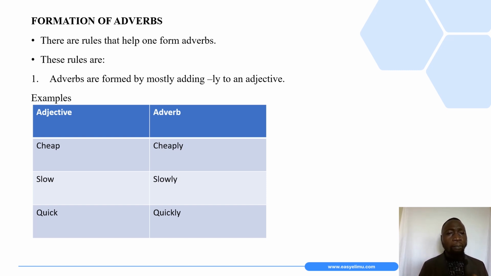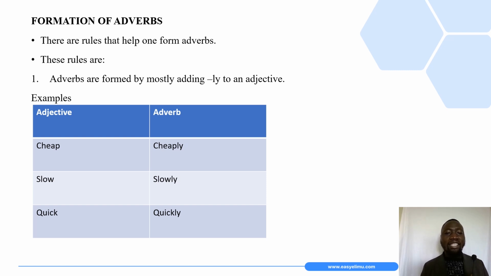To begin with, the first rule is that we can form adverbs by adding the suffix ly to an adjective.